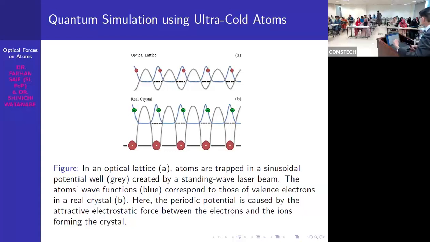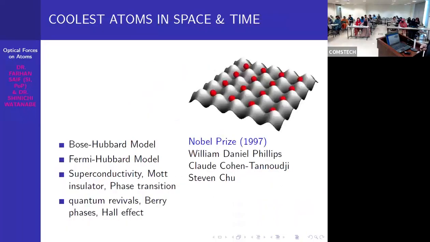So this comparison makes an entire new subject, different from electronics, named atomtronics, where we use atoms and optical lattices and make all the same instruments which we develop in the electronics domain. So this is something interesting.